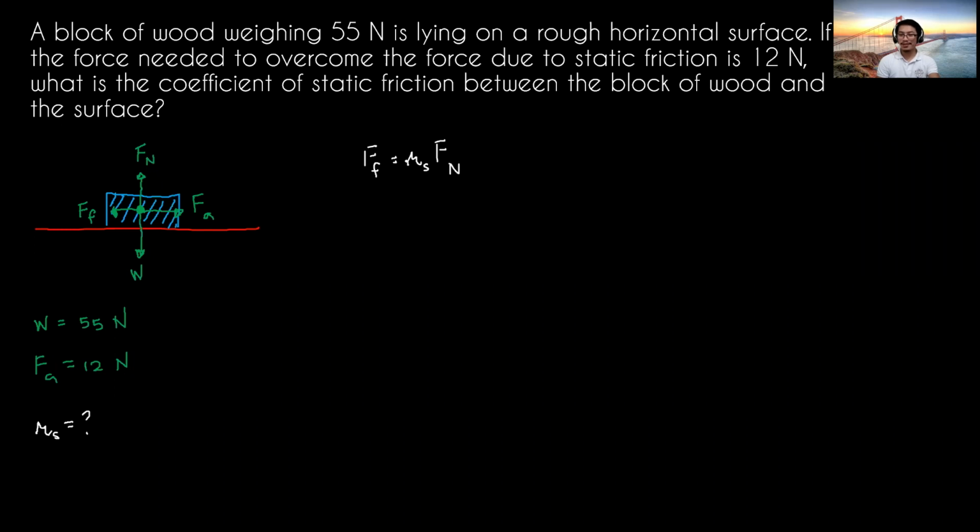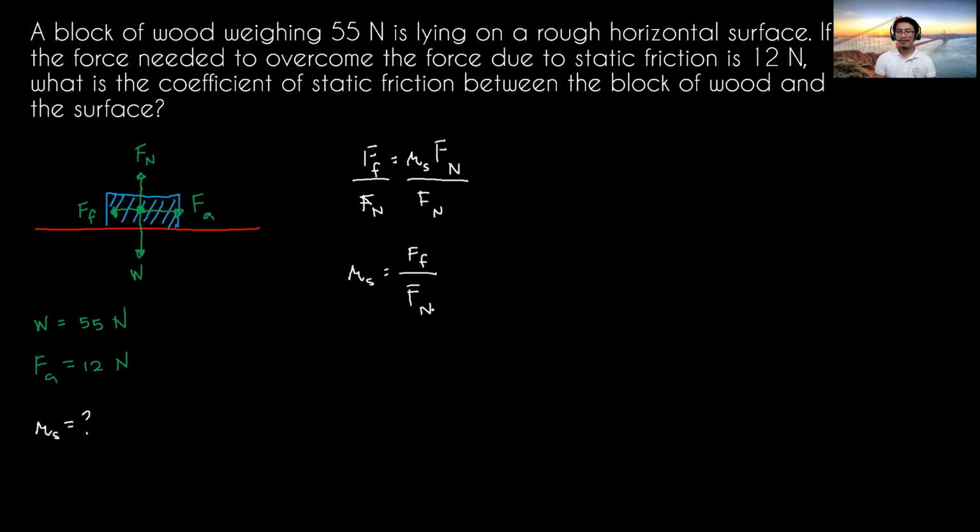We will use this equation. To solve for mu S, we divide both sides by Fn, which gives us mu S equals Ff divided by Fn, or frictional force divided by the normal force.